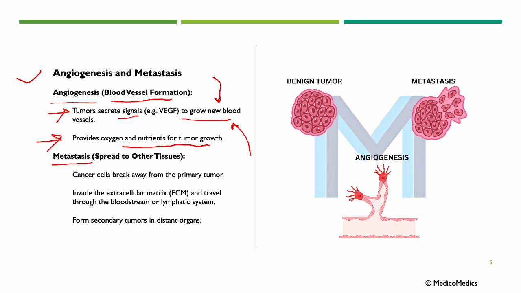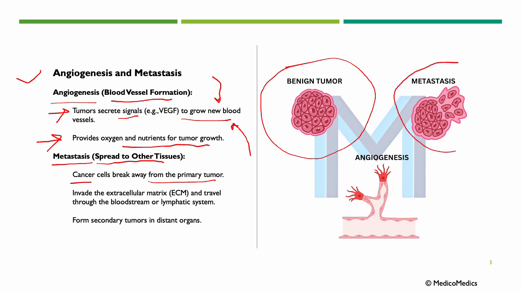Then we have metastasis, or when we say that the tumor or the cancer has metastasized, we are saying that it has spread now to other tissues. So the cancer cells break away from the primary tumor. So we differentiate between a benign tumor, which has not spread, and metastasis, when part of the cancer cells break away.